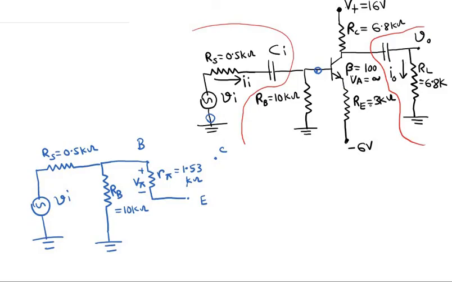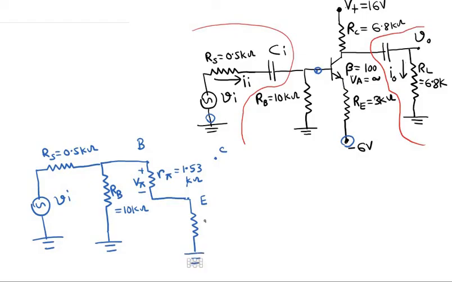So as far as a DC voltage source is concerned, it is basically an AC ground in the small signal or equivalent AC model. So this point is our AC ground, and between this emitter and this AC ground, this resistor RE is present. So we draw this resistor RE between the emitter and the AC ground.